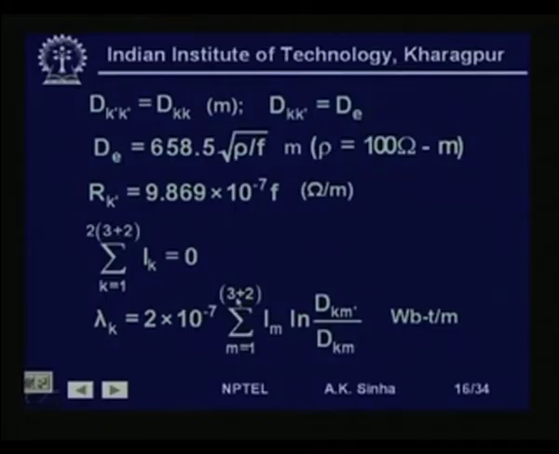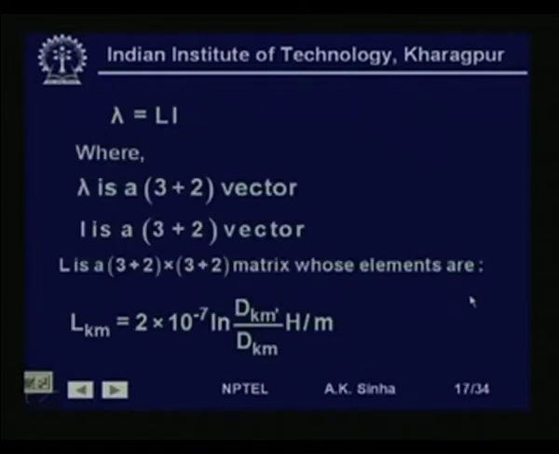So, lambda k is 2 into 10 to the power minus 7, sigma m equal to 1 to 5, I m log n d k m dash by d k m Weber turn per meter. Since lambda is equal to L into I, where L is the inductance and I is the current.